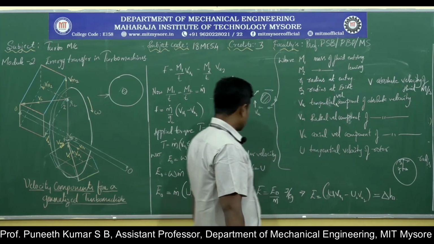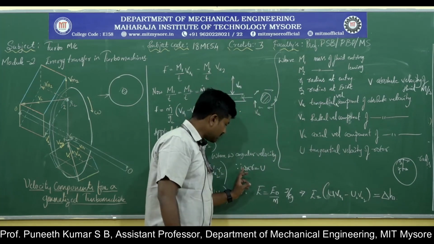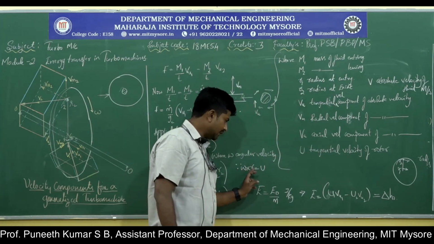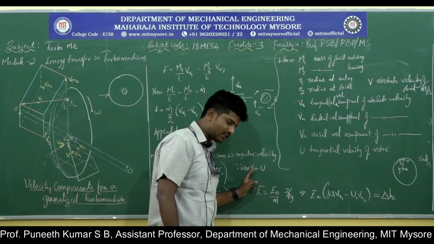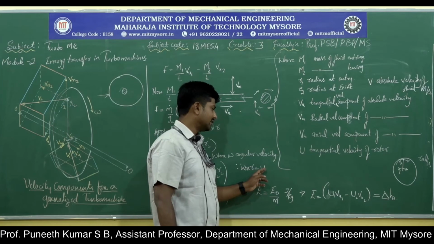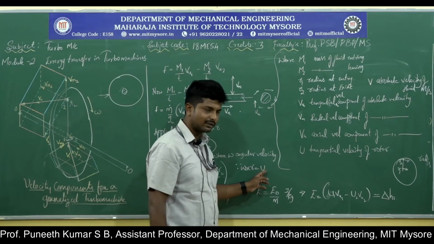That is not a new thing. Here angular velocity into radius will of course change, and that will create u1 and u2.